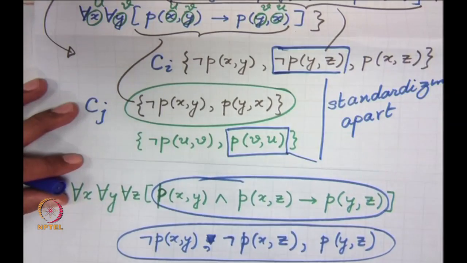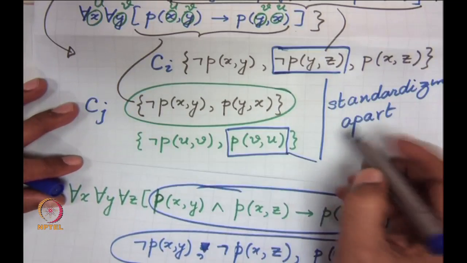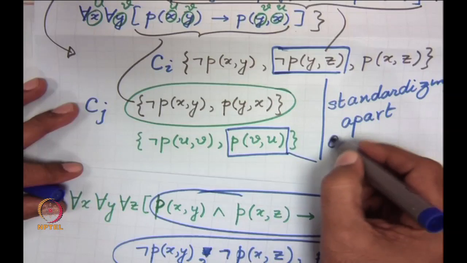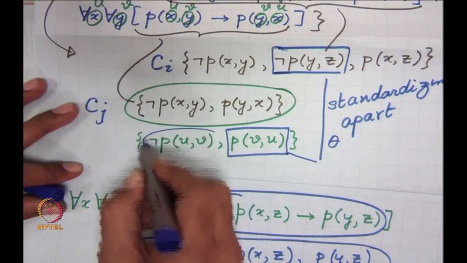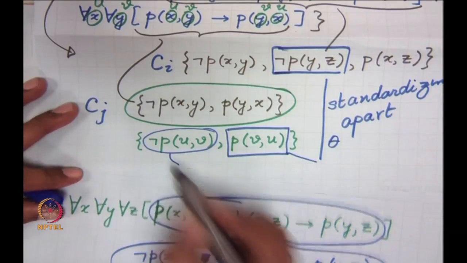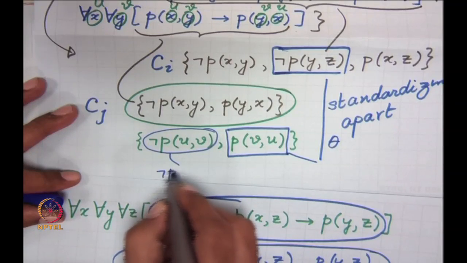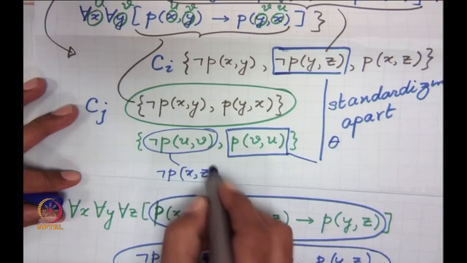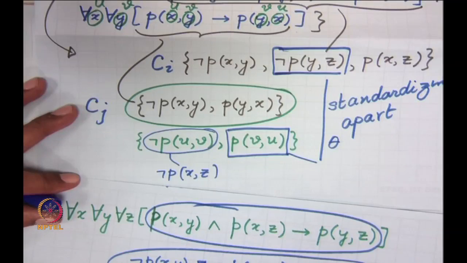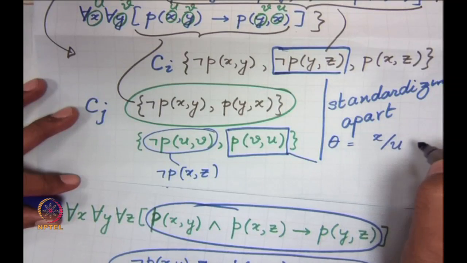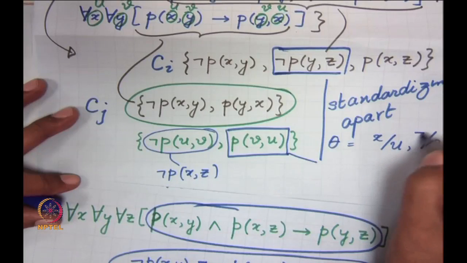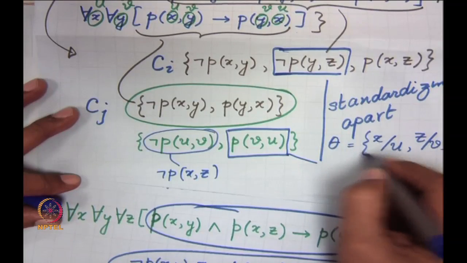Let's put it this way: I find a substitution theta so that this thing becomes not p x z. So which means I am going to replace u by x and v by z, probably. This might work, is it?